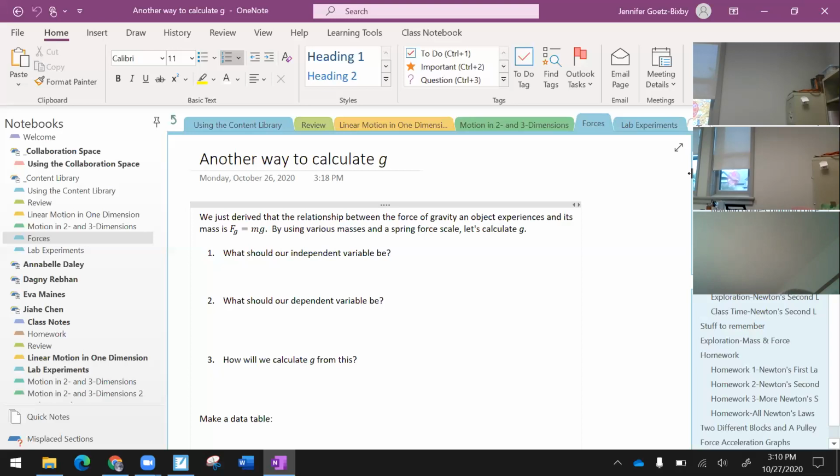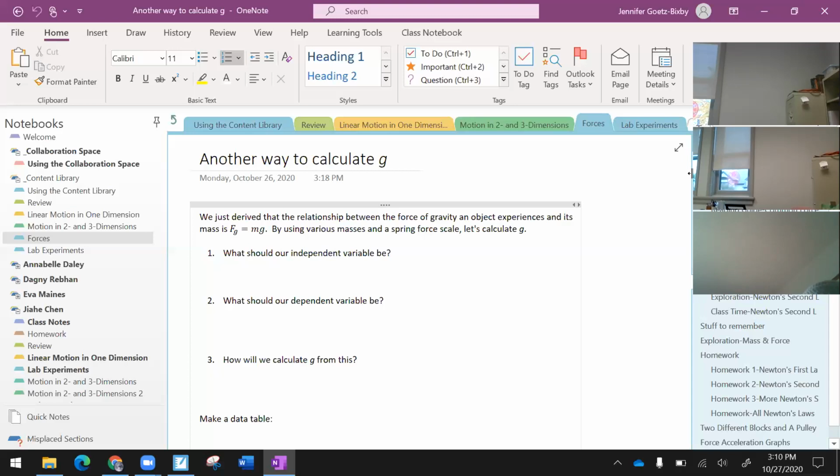And the white scale on the spring scale is newtons. And what I also have are a whole bunch of masses. If you put the mass on the spring scale, you can move this on the spring scale. So we have masses and we have forces.